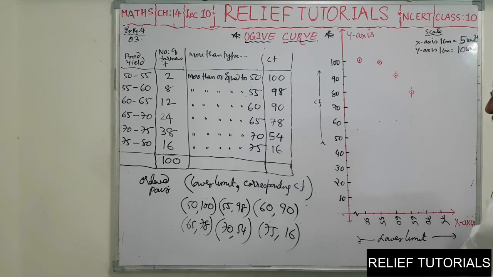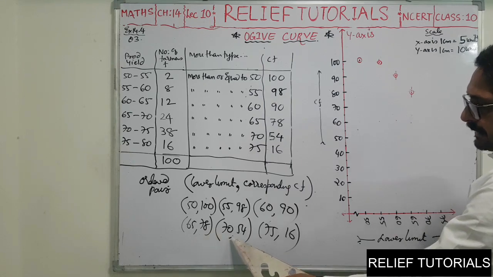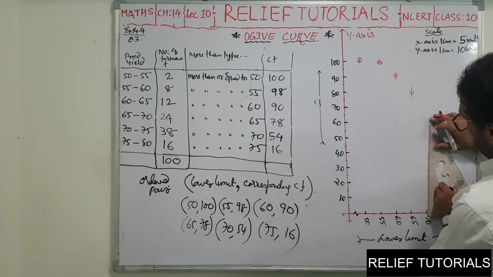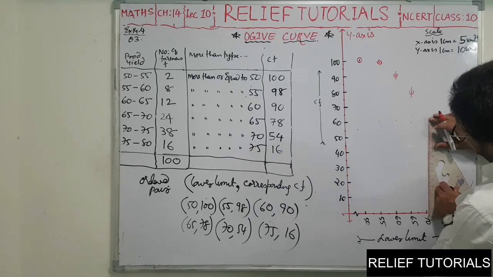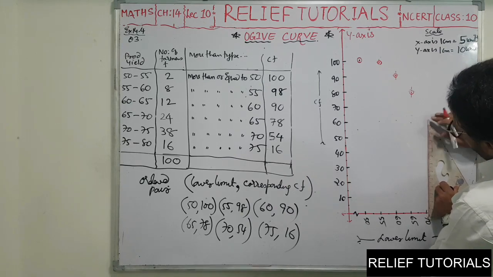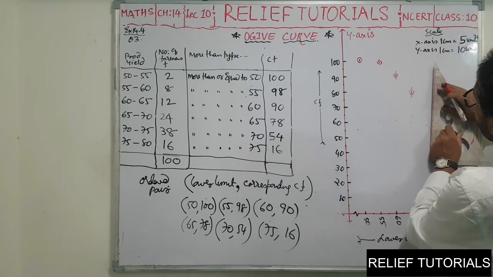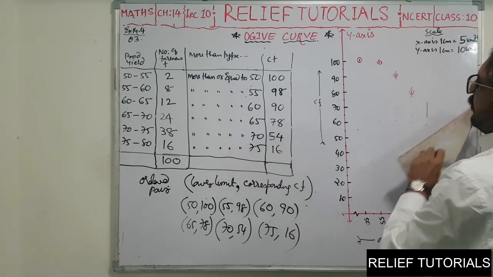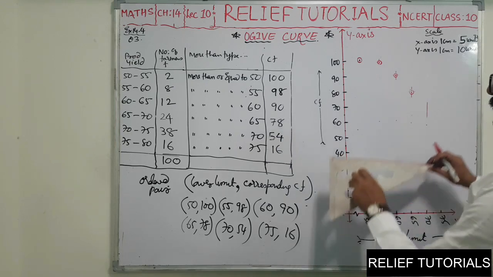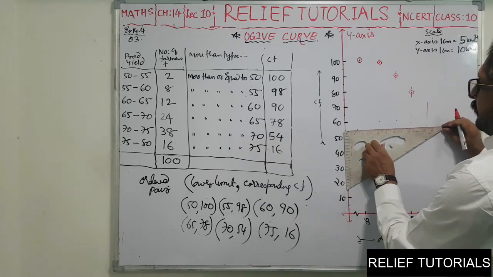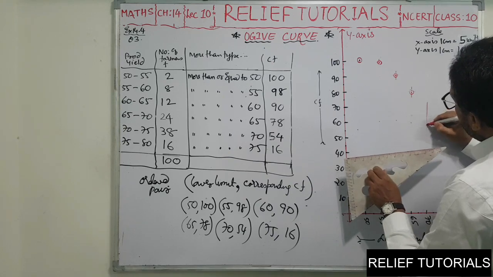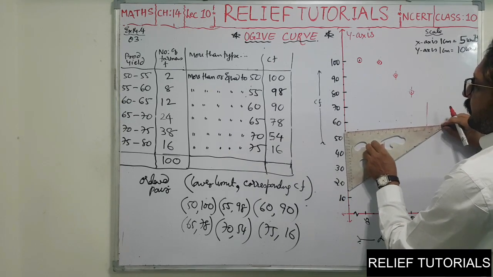Clear? Now 70, 54. So this is 70. This is 50, 55. 54 will be here.